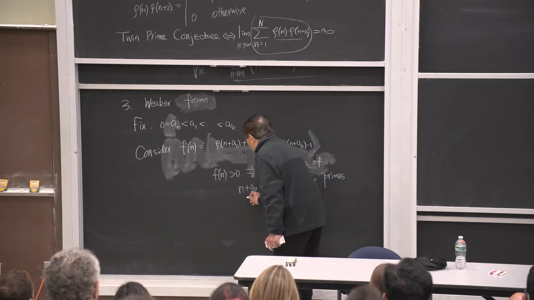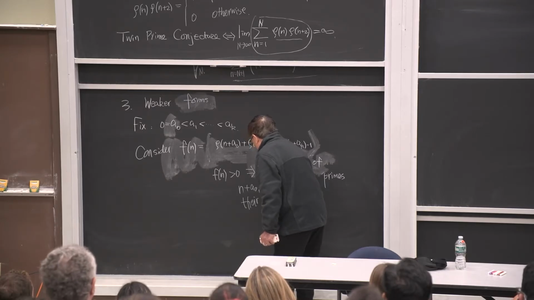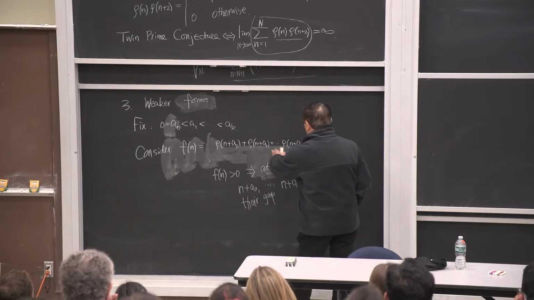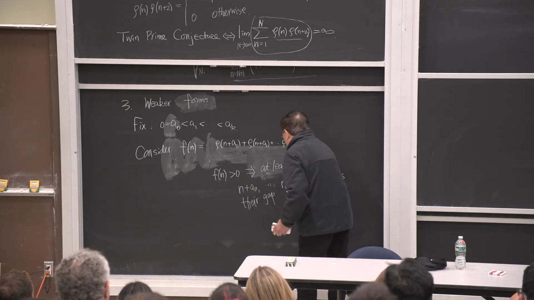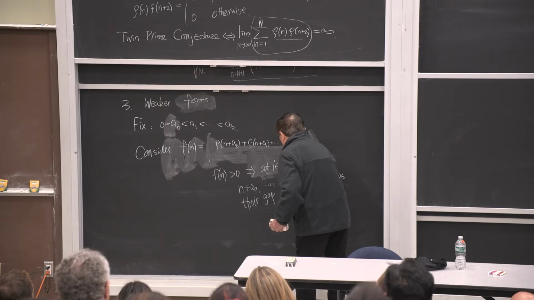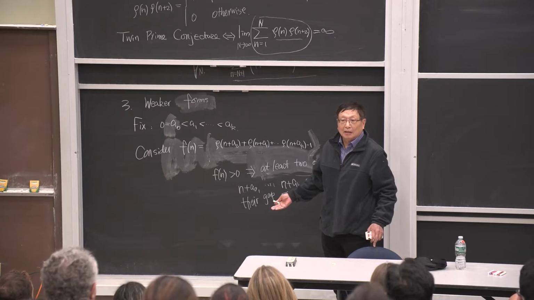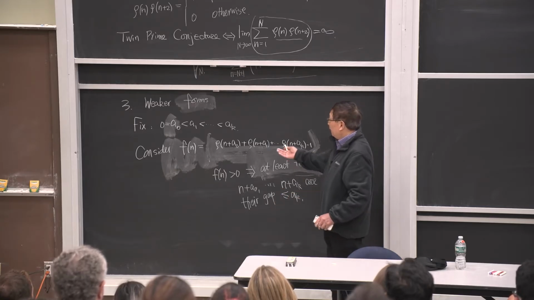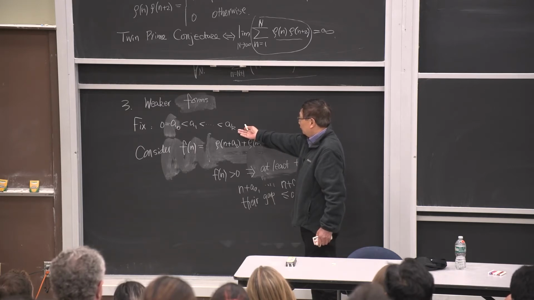and their gap between these numbers is less than or equal to a_k. a_k is a fixed number, right? So if we can find k, we can find the fixed tuple a, all positive integers.